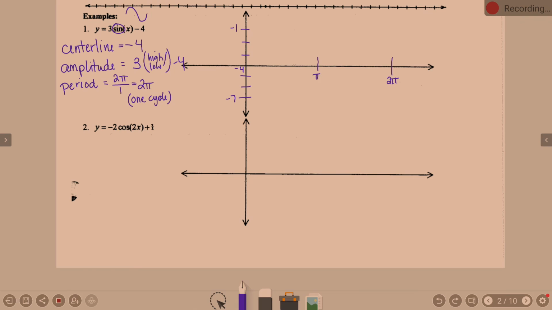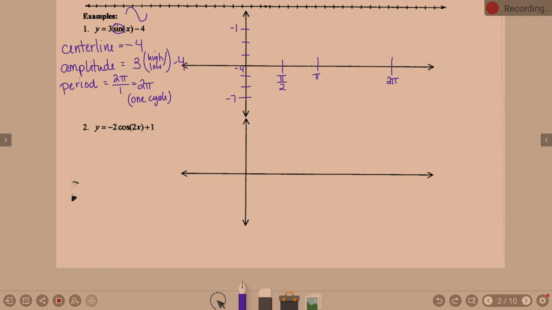What's in the middle between 0 and 1 pi? What's my middle point between 0 and 1 pi? Pi over 2. Because the middle of 0 and 1 is 1/2, right? Tack on a pi, and that is 1 pi over 2, or in other words, pi over 2.